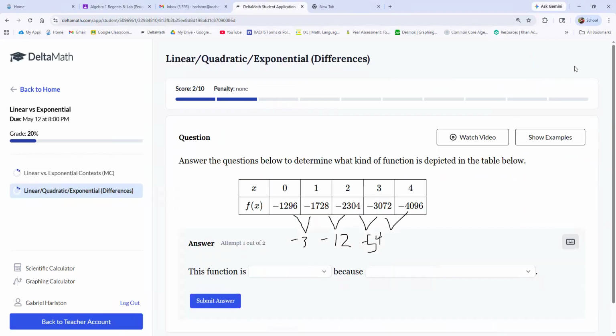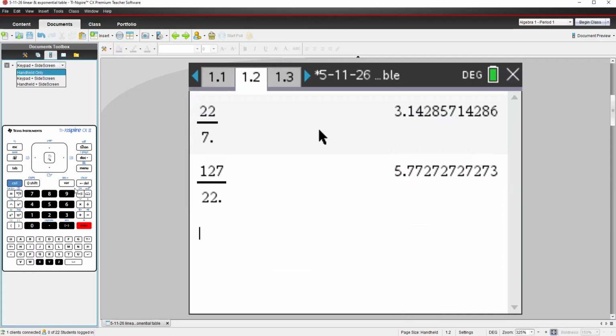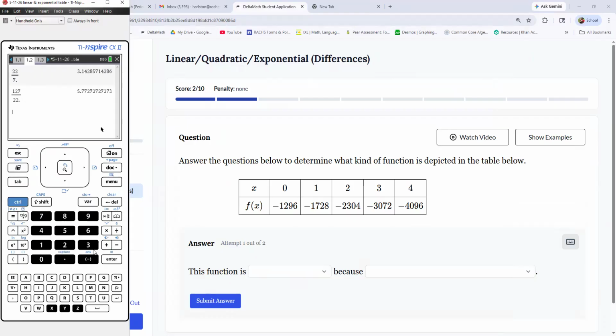Okay, I'm hoping that I can find one that's actually linear or exponential so you can see what we got here. All right, let's see here. Okay, so I need a calculator to kind of get this knocked out. So let me do this. So I'm going to do a -1728 minus a -1296.